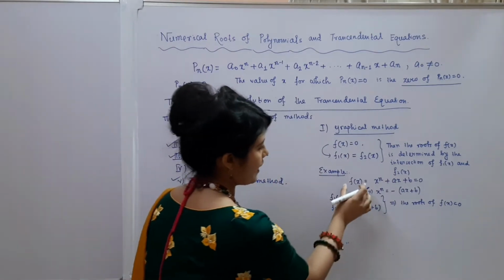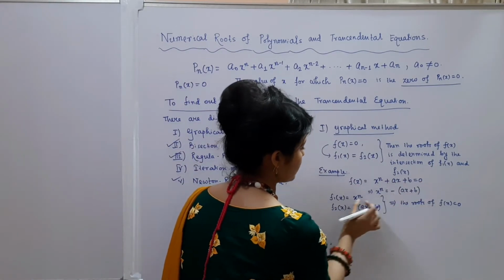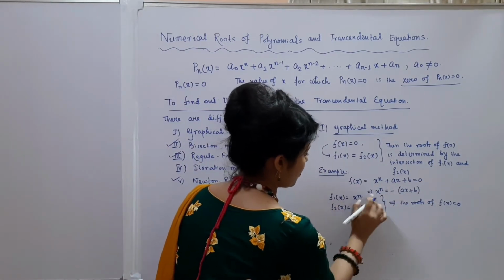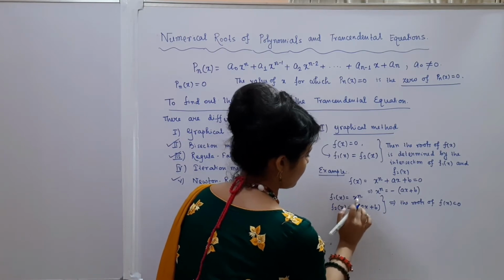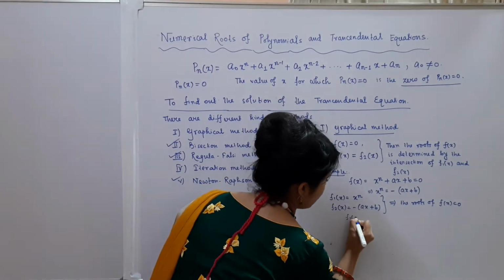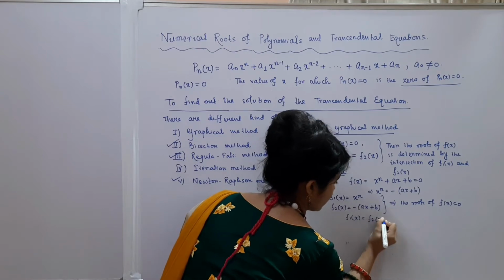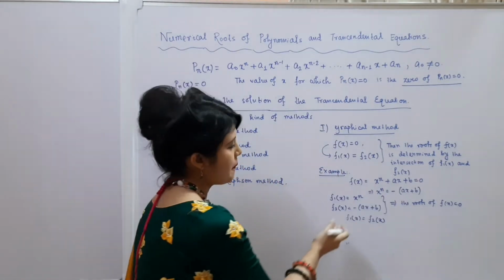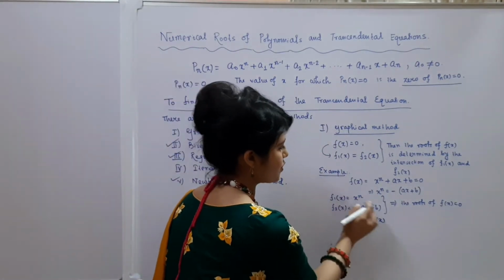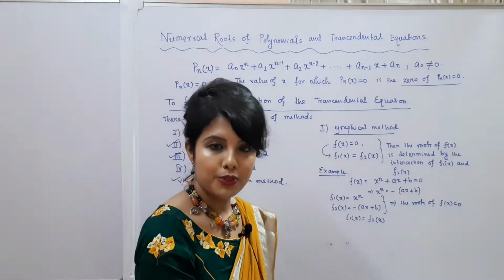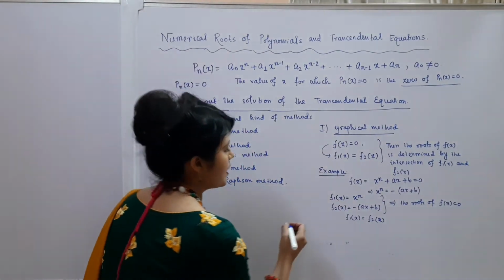So I have written f(x) equal to 0 as two functions, f1(x) and f2(x), and clearly f1(x) equals f2(x). So the intersection of these two curves determines the roots of f(x) equal to 0.